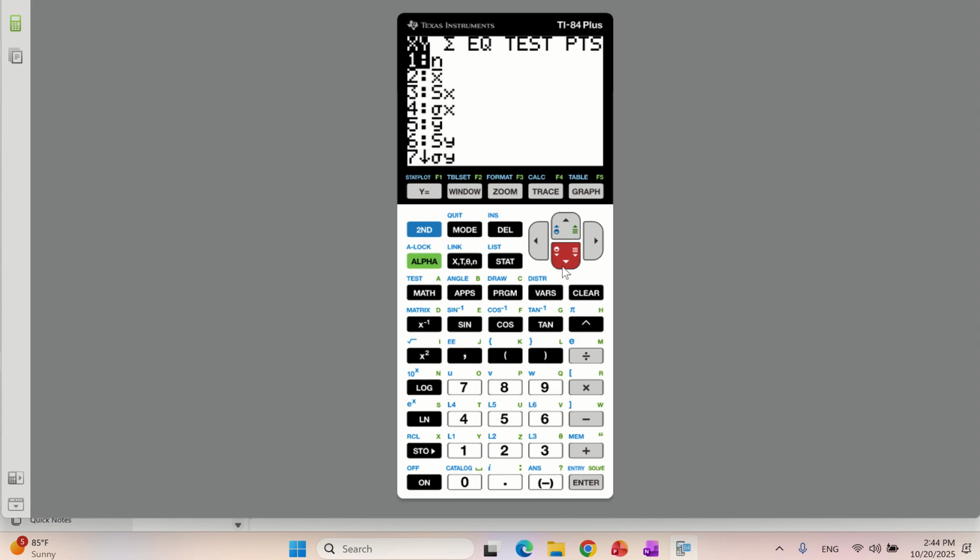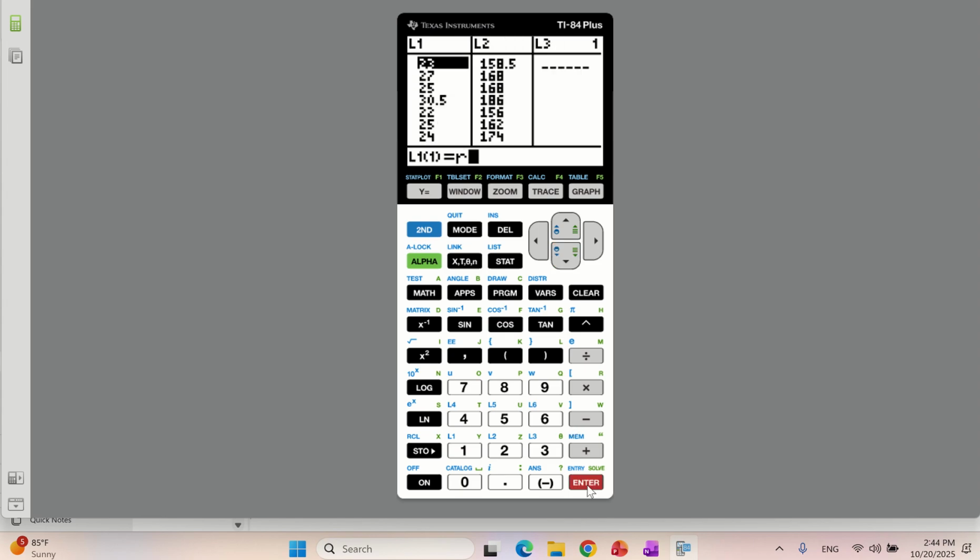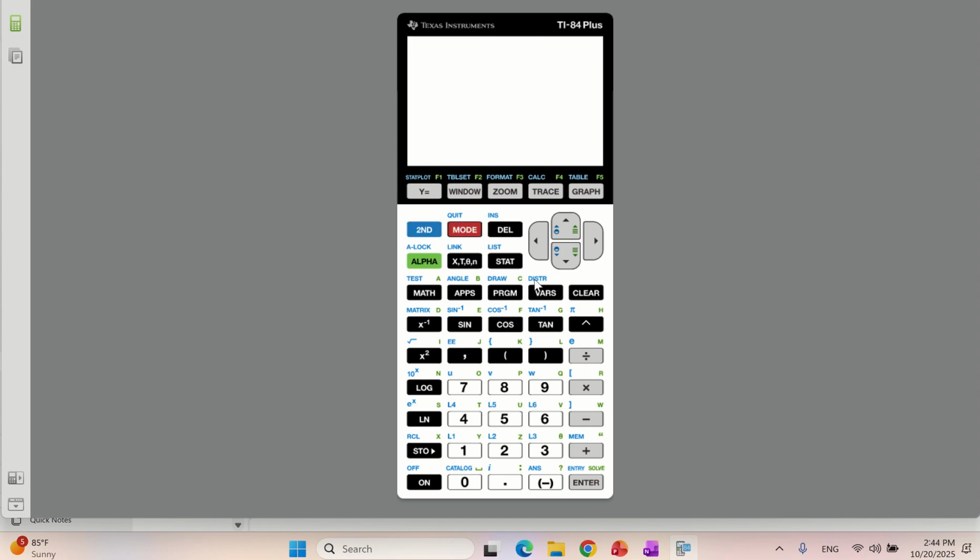However, if you go straight to your R value, it's not going to work. It's going to give you undefined. Let me get out of this. You go to Vars, number 5, Statistics, go to Equation, and you go to R. It's going to say undefined.